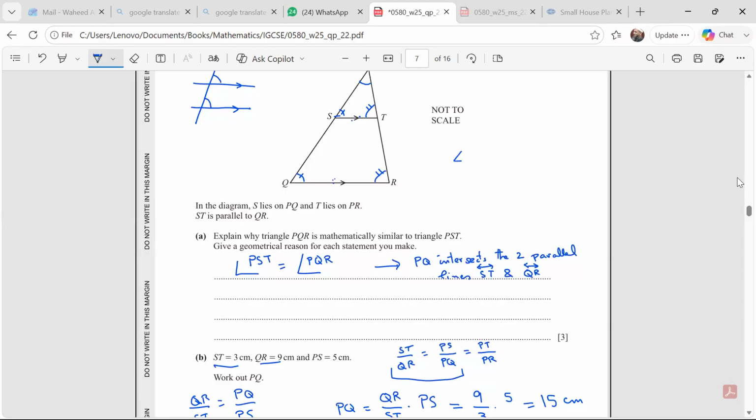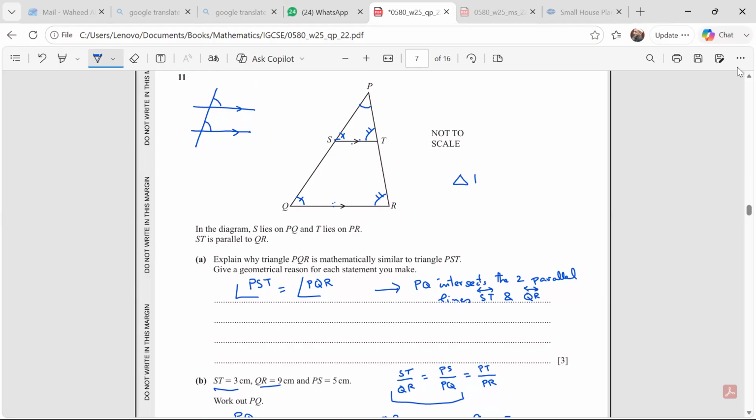So in other words, the area of the smaller triangle PST, if I multiply it with 9, it will be equal to the area of the bigger triangle PQR. Makes sense? Since the length of the sides are 3 times more, the area would be 3 squared, which is 9 times more. Okay. So, what is the area of triangle? It is given here.